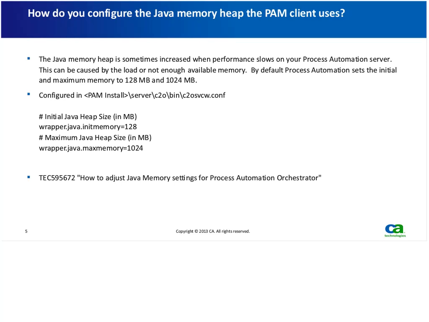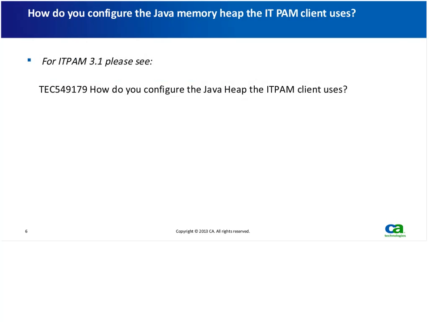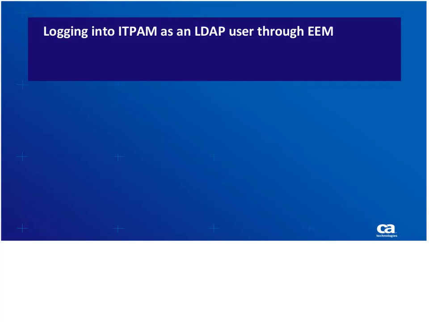Once that's done, you would simply save the c20svcw.conf file and then restart your server. You can also configure this in the PAM user interface, which if you do it that way, you would not need to restart your server.